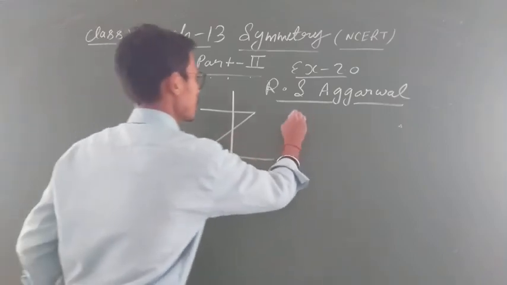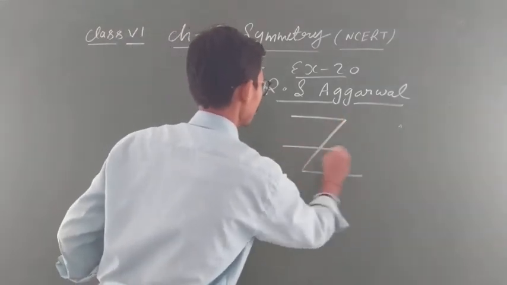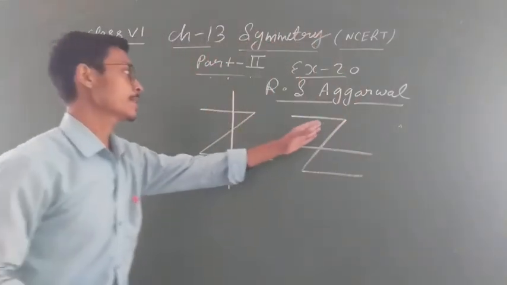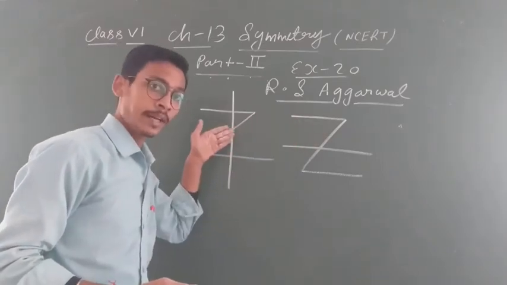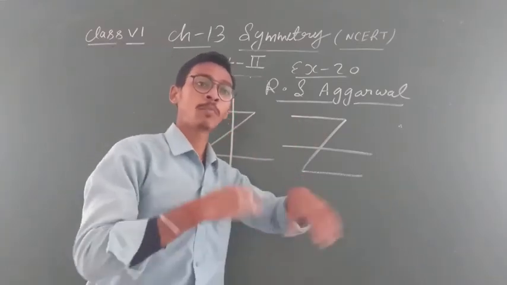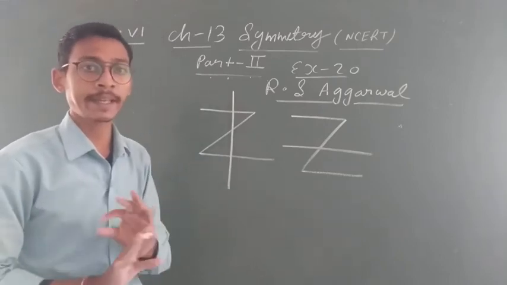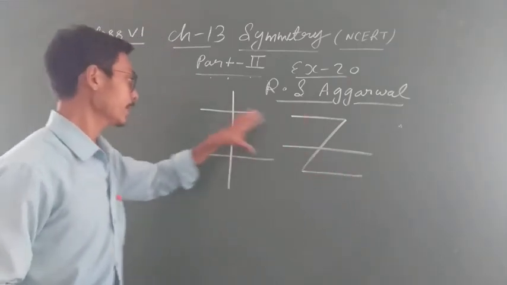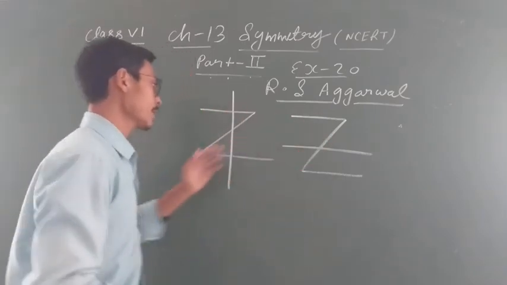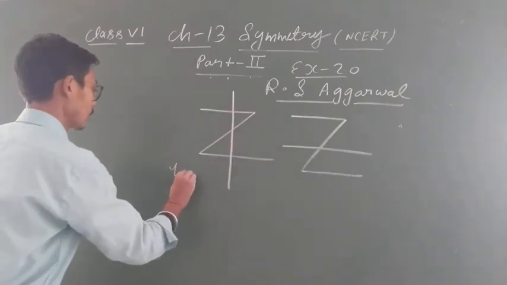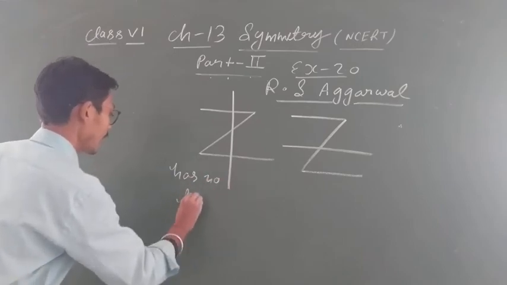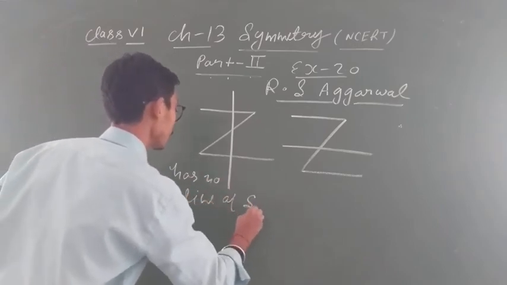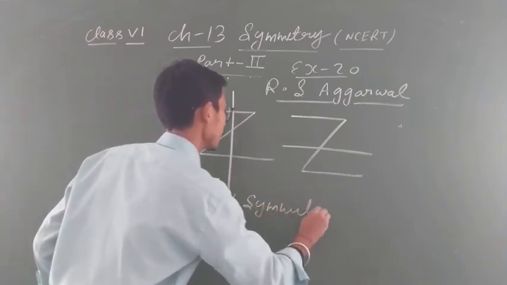If anyone draw like that, again this is in this direction, left hand side, and this is right hand side. So both are not symmetrical in any case. Listen everyone, both are not symmetrical in any case. In this also, in this also. So Z has no line of symmetry.